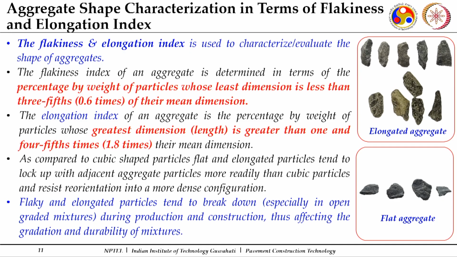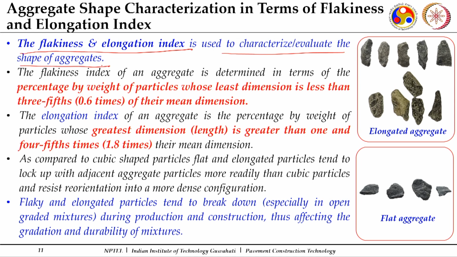Now, how do we check the shape-related aspects of an aggregate? One index used is the flakiness and elongation index, which is used to characterize the shape of the aggregates.